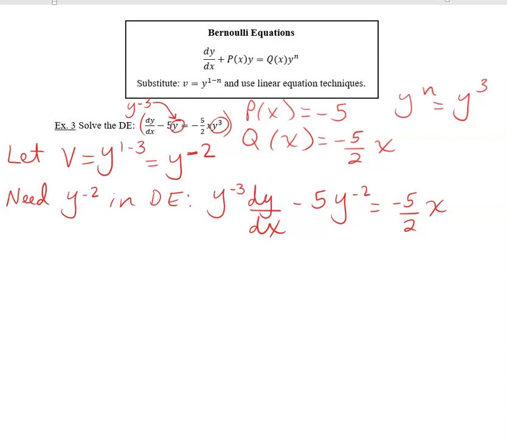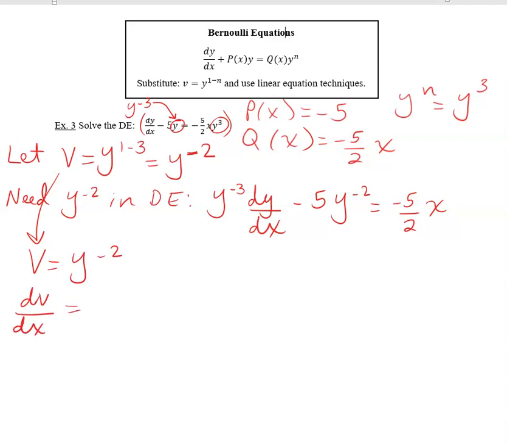So let's go ahead and make some substitutions. Now, as always, I need to take a derivative because I need to get that dy dx in there somehow. So let's come back here. We said, remember, v was equal to y to the negative second. So then use implicit differentiation to find dv dx.